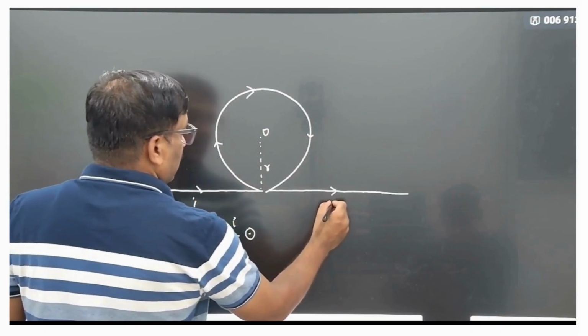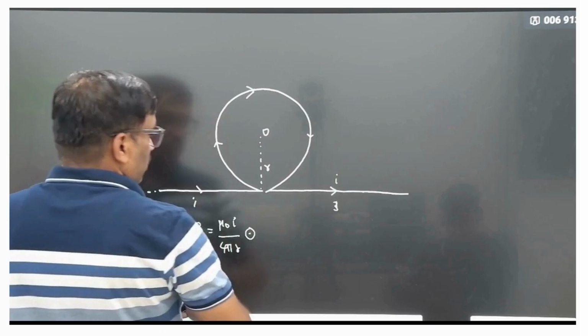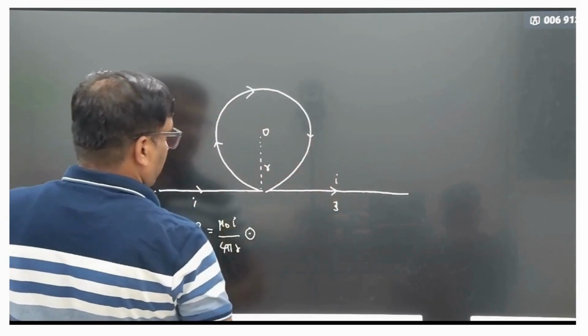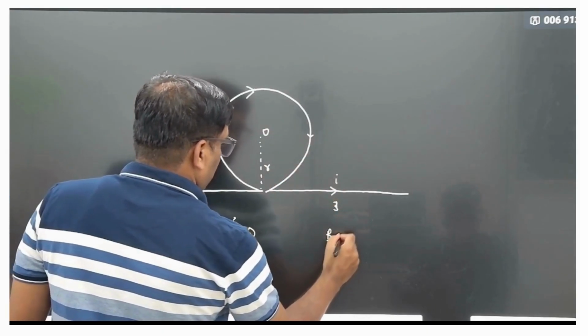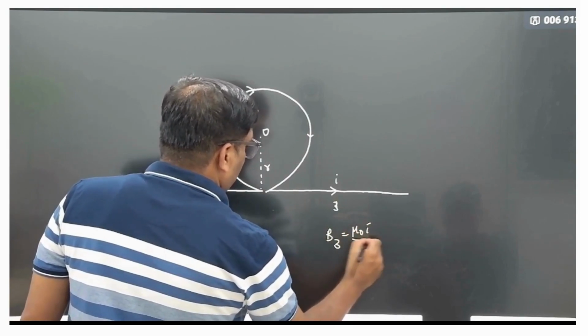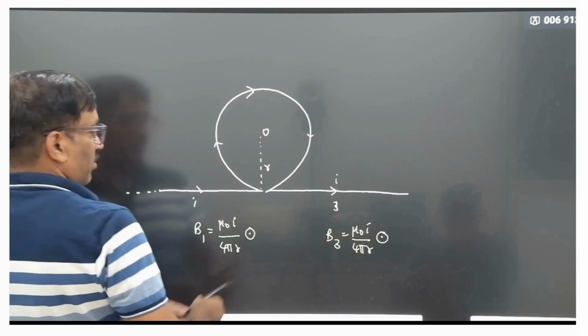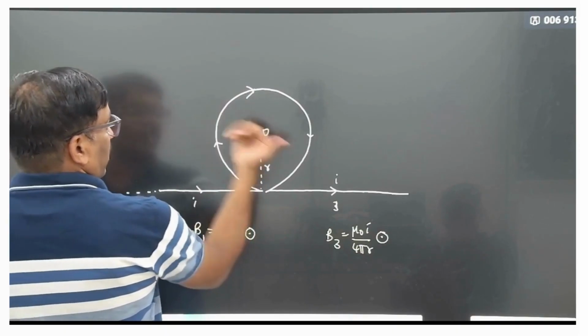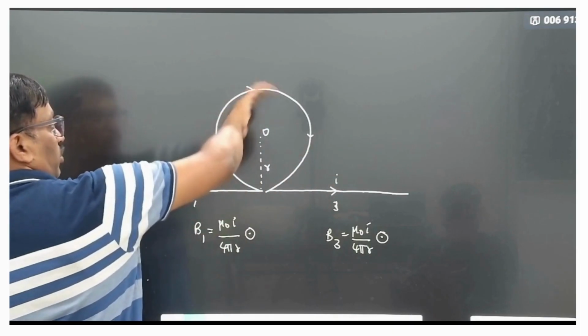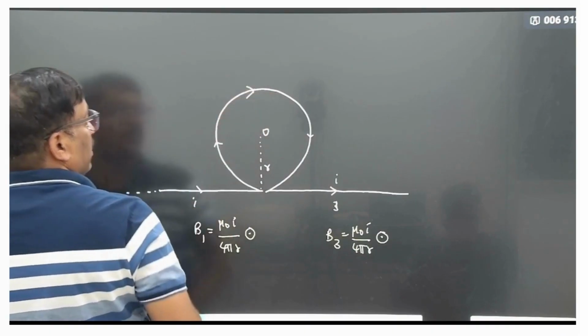So this is the third part. This is a current now, and this is your magnetic field. So B3 will be equal to mu naught into I by 4 pi r, also dot, because dot means coming out. Due to this it is coming out, due to this also coming out. Due to this part it is inside, right?